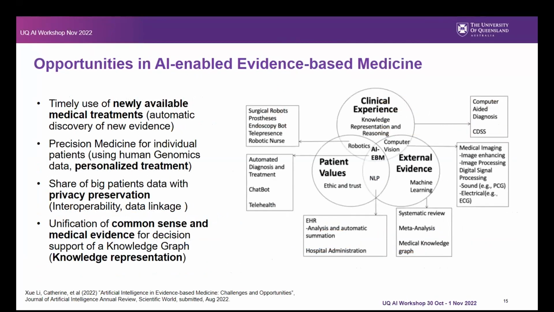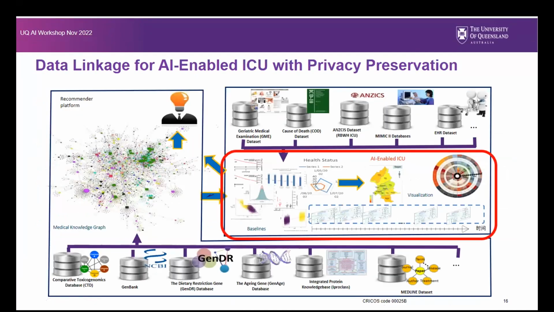And then there are so many different opportunities in evidence-based medicine. For example, we are talking about treatment, personalized privacy preservation, and so forth, and the common sense used in decision making. Also, if you do privacy preservation data linkage, you still preserve the privacy.